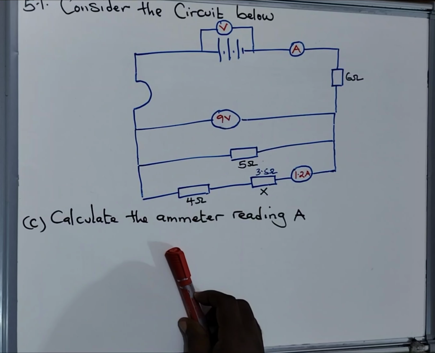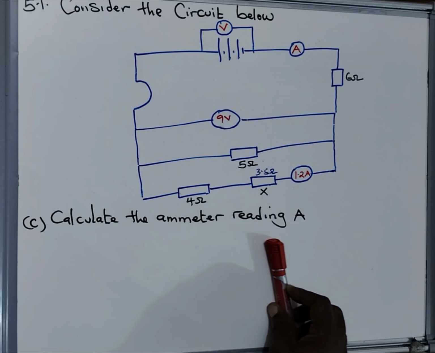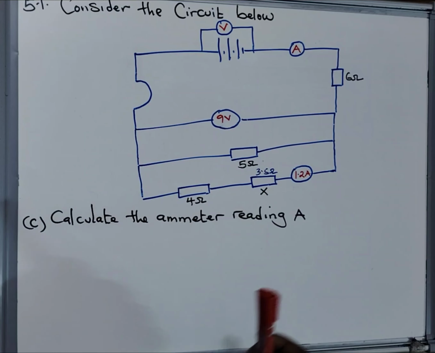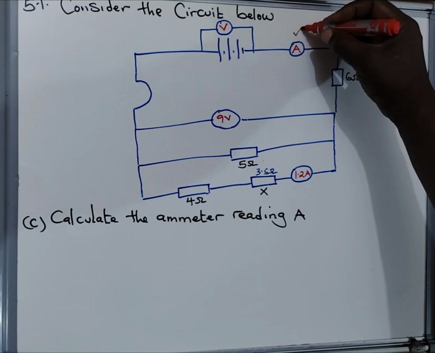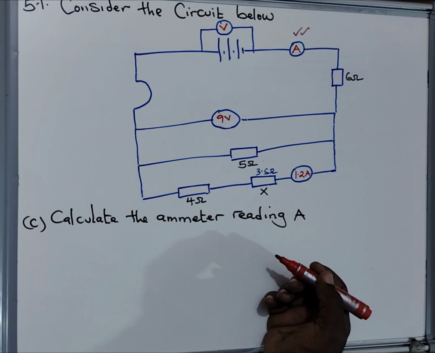Then comes this question. It says, calculate the ammeter reading A. So this is the ammeter, this is the A we are talking about. And how do we determine that reading? The best approach here is to follow these currents.